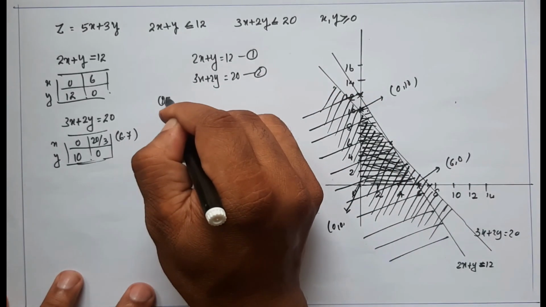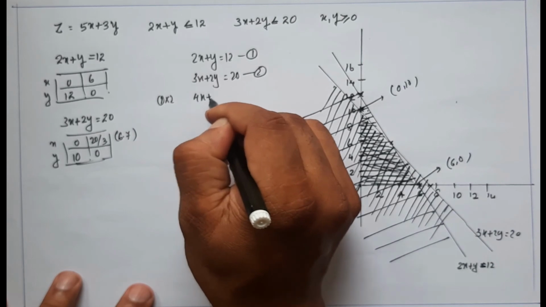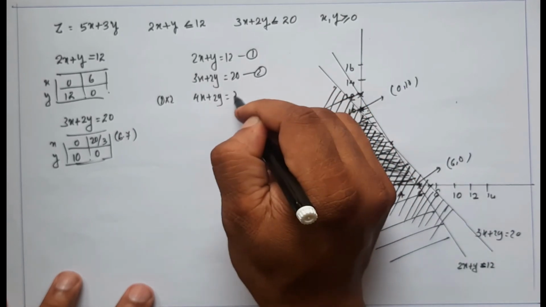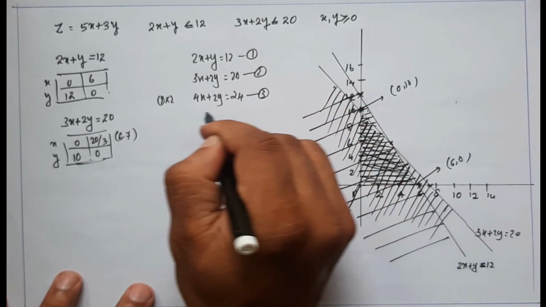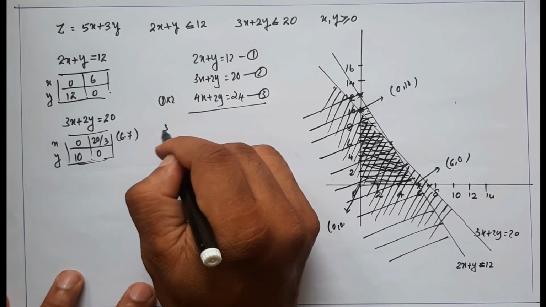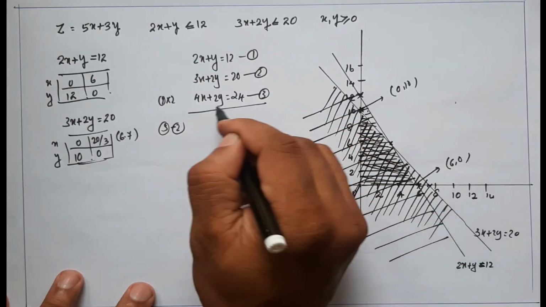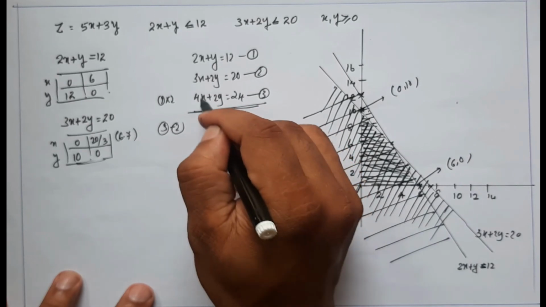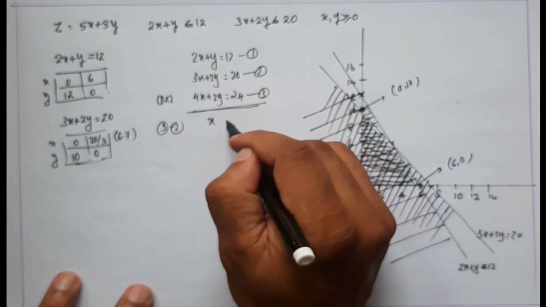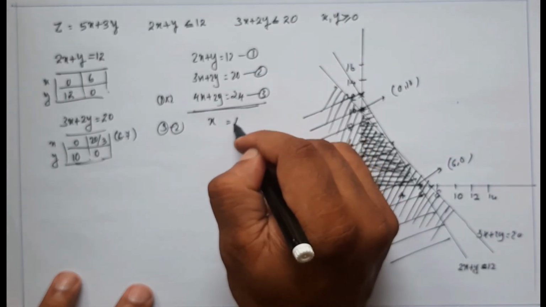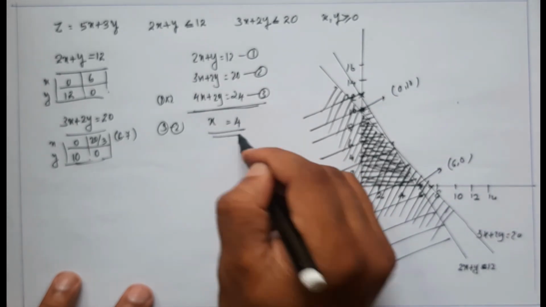Multiplying equation 1 by 2, we get 4x plus 2y is equal to 24, equation number 3. Subtracting equation 2 from equation 3, we get 4x minus 3x is x, 24 minus 20 is 4, and therefore x is equal to 4.